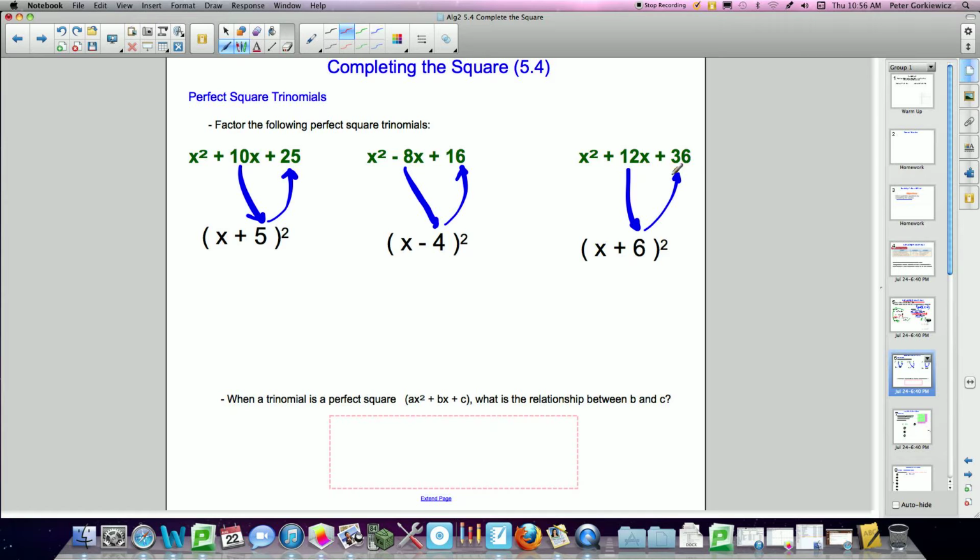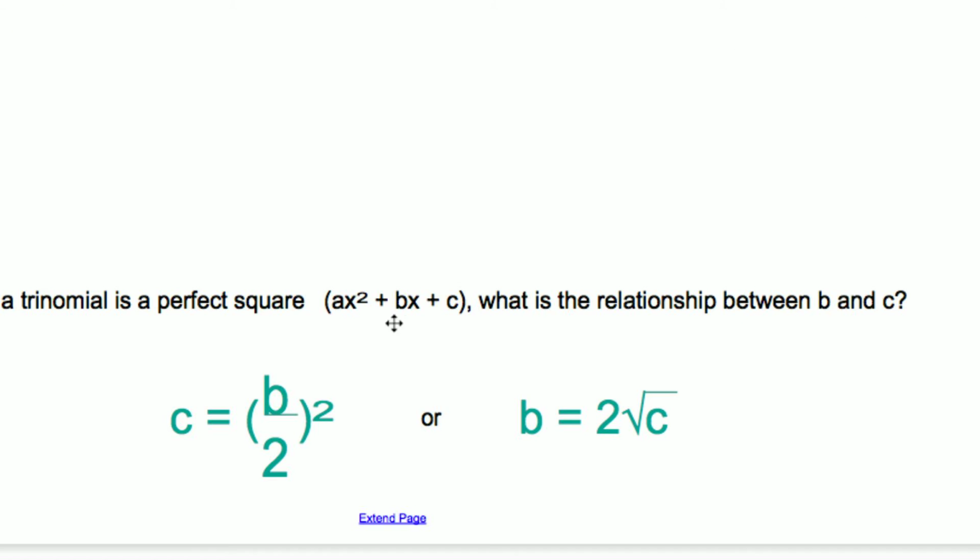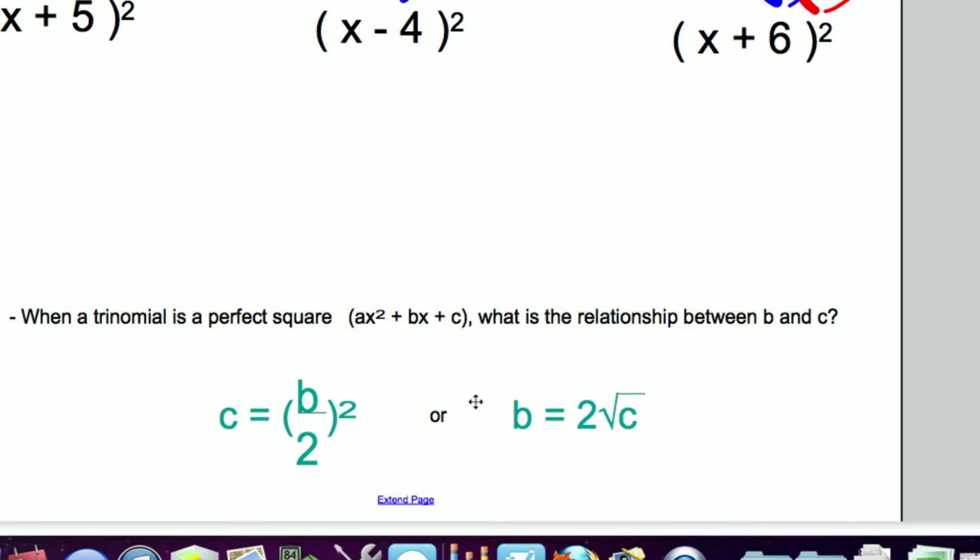And if you want to go backwards, you can just go, all right, 36, square root, 6, double it, 12. 16, square root, 4, double it, 8, etc. So there's this pattern that if you're looking at ax² + bx + c, the c term really is the b term cut in half and then squared, right? And the b term is the square root of c doubled.